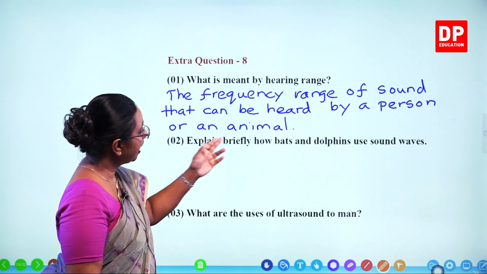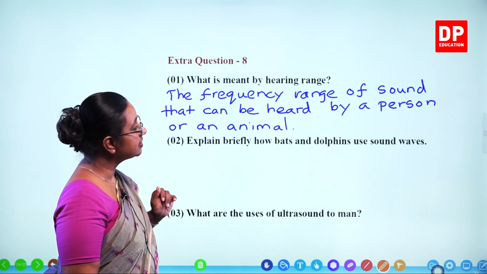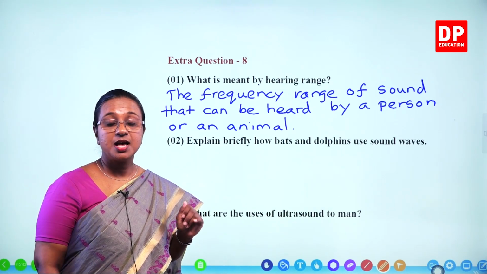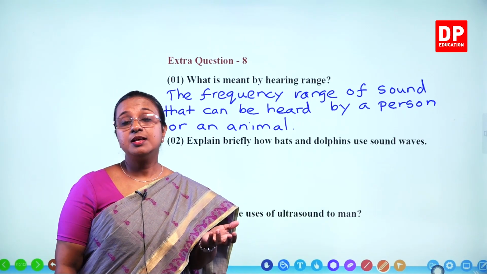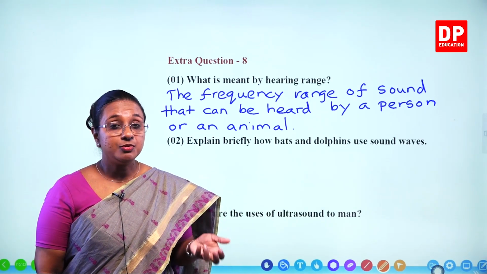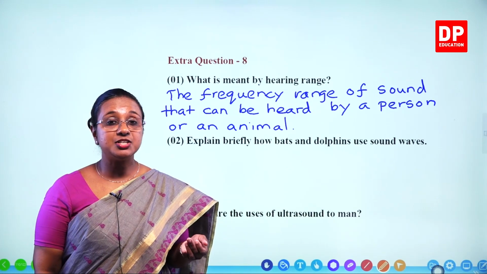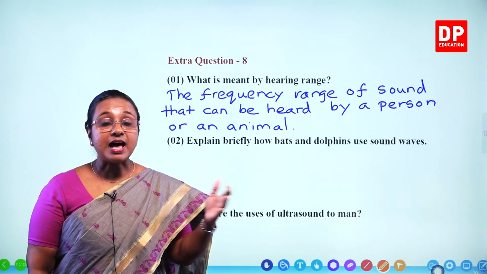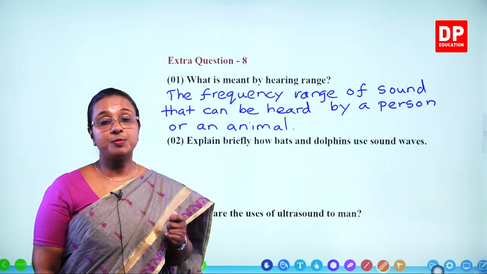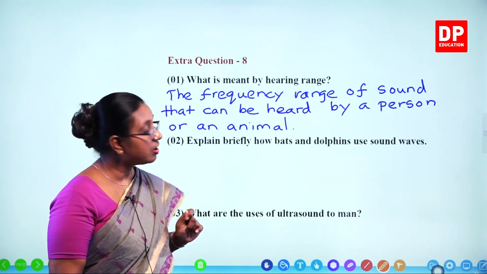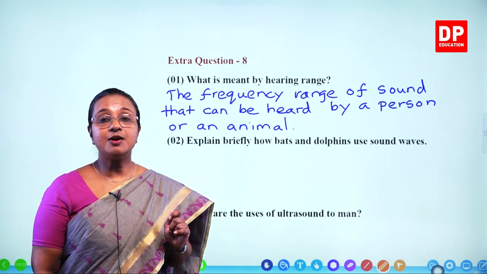Explain briefly how bats and dolphins use sound waves. How do bats use sound waves? They use ultrasound for navigation purposes, to fly around avoiding obstacles. And how do dolphins use ultrasound?